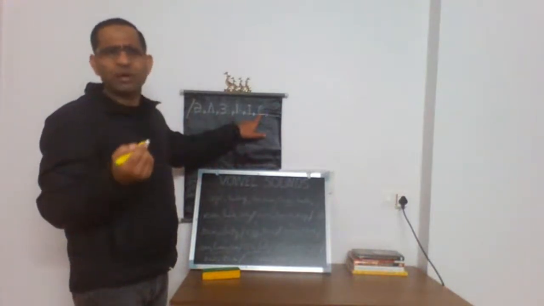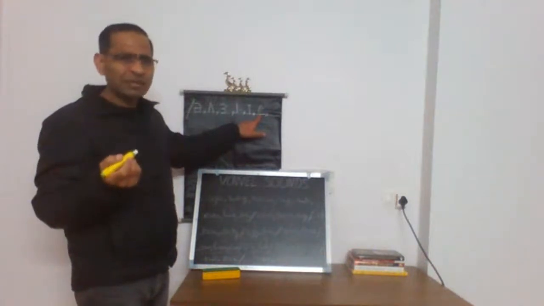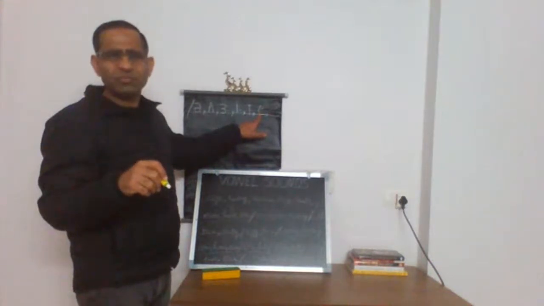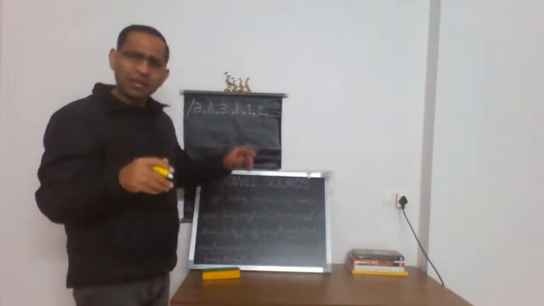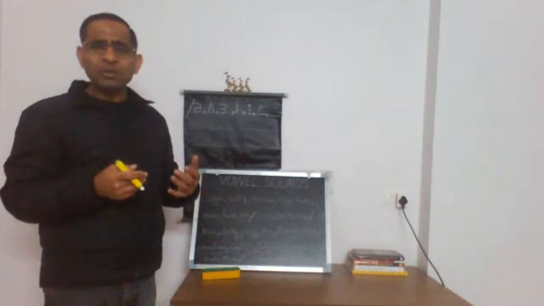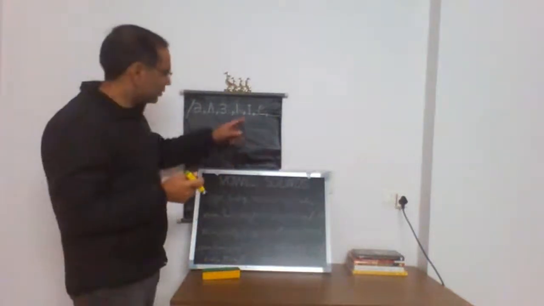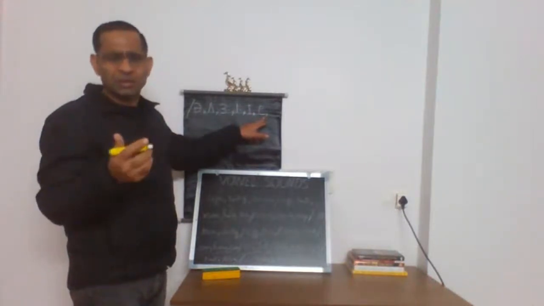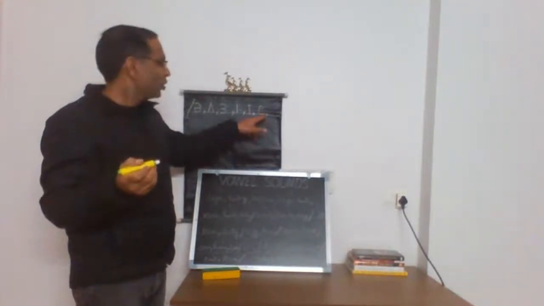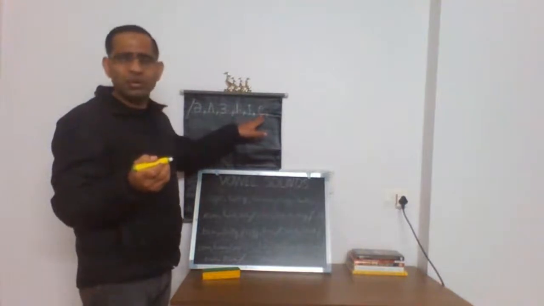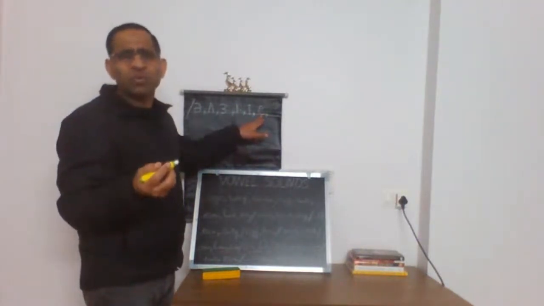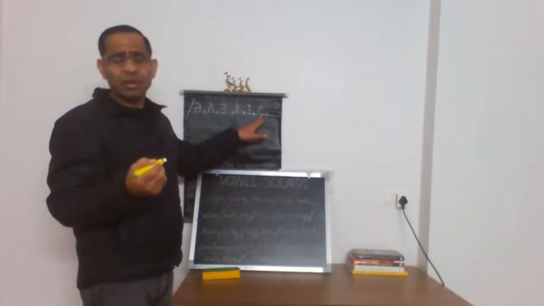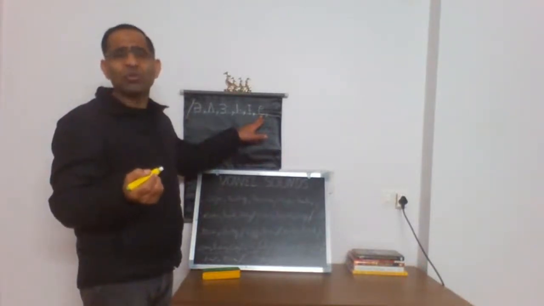This is a very unique sound in English, unique in the sense that this sound does not exist in Hindi phonetics. In Hindi, either we have one or the other, but this sound lies somewhere between them. We use this sound in the production of words like ten, pen, bed, hand, and so on and so forth.